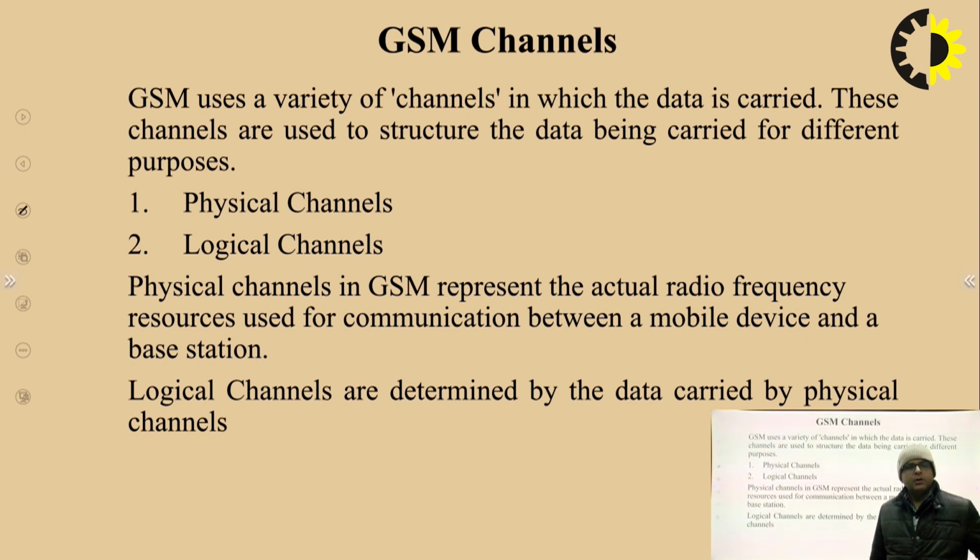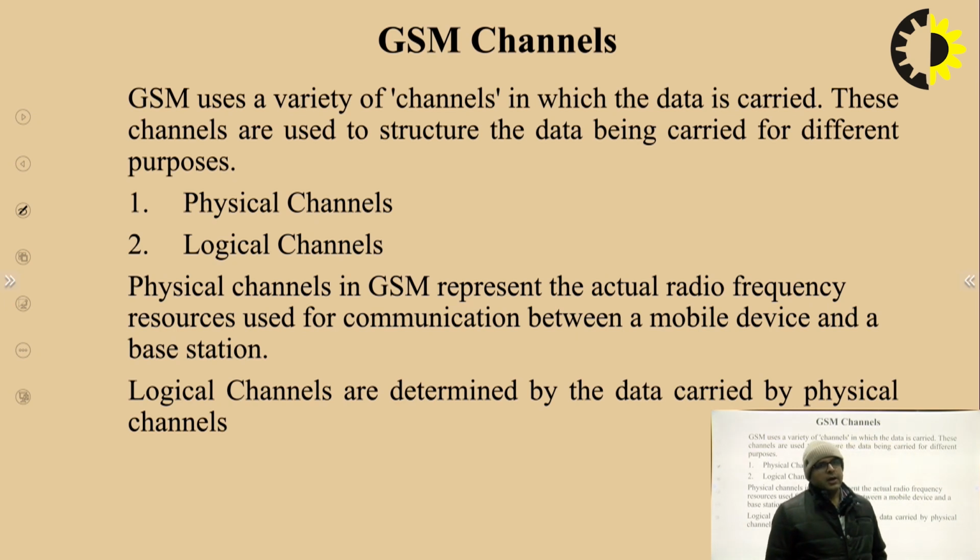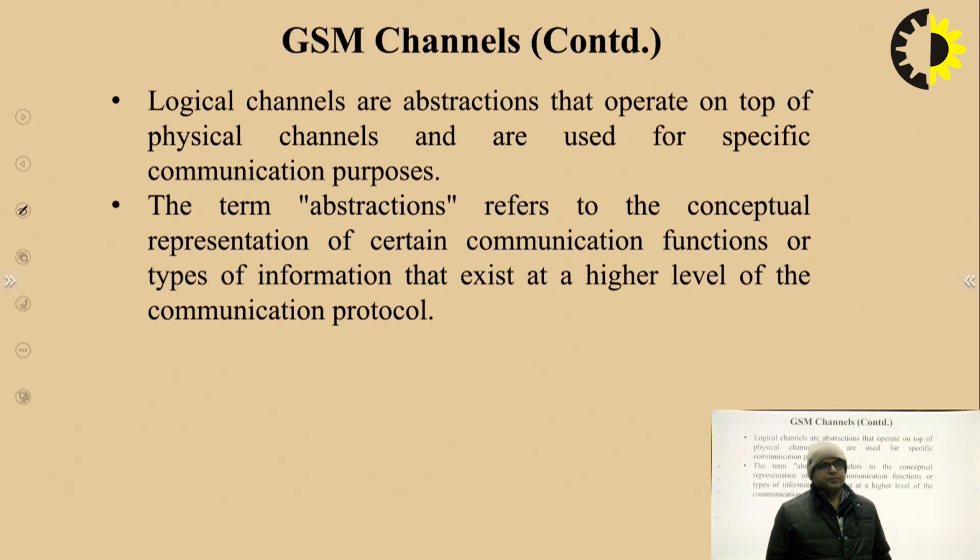In GSM, there are two types of channels used. One is known as physical channel and another is known as logical channel. Physical channels are the actual radio frequency resources used for communication between a mobile device and a base station. And logical channels are determined by the data carried by physical channels.